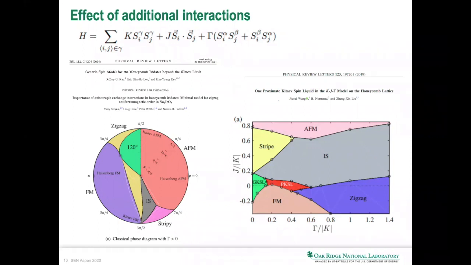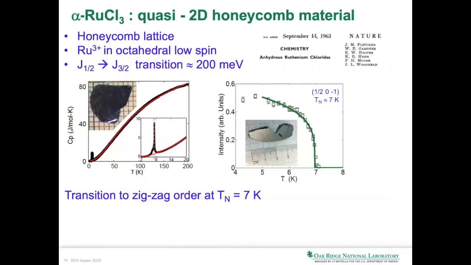Here's one where I fix K and look at J and gamma as functions of K. And what you see is the same set of states plus some other incommensurate states, plus in some regimes, the spin liquid survives. Okay, so this is all possible, at least in principle.